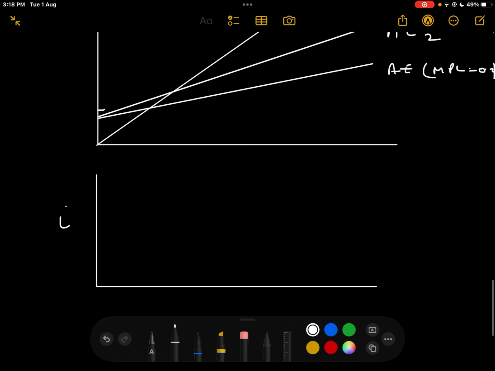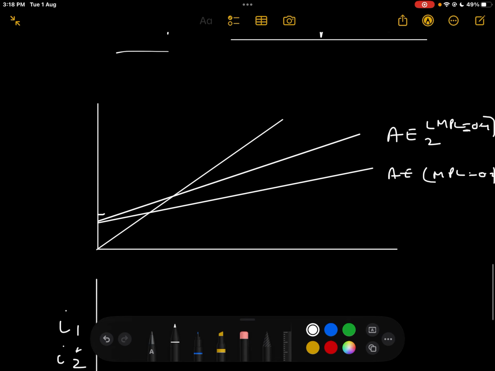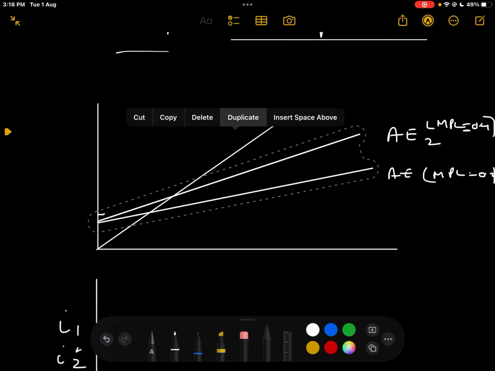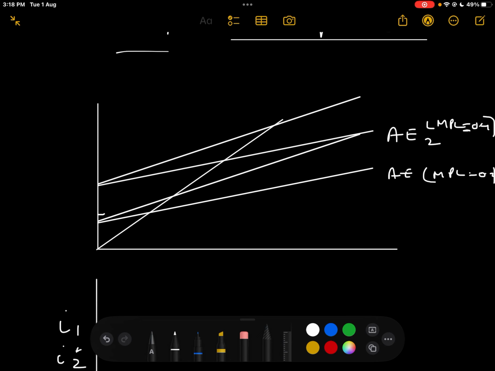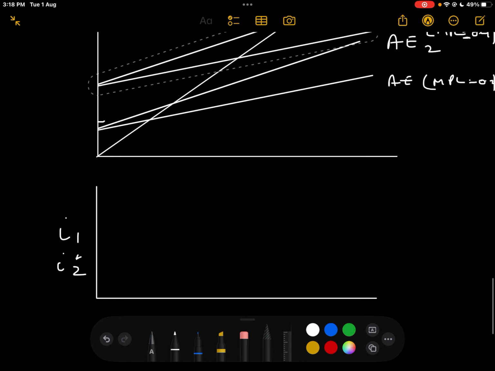Now this will be our rate of interest. Suppose that our rate of interest falls from I1 to I2. What will happen with the fall in rate of interest? We know that these curves will shift upwards. So let us plot the equilibrium now.